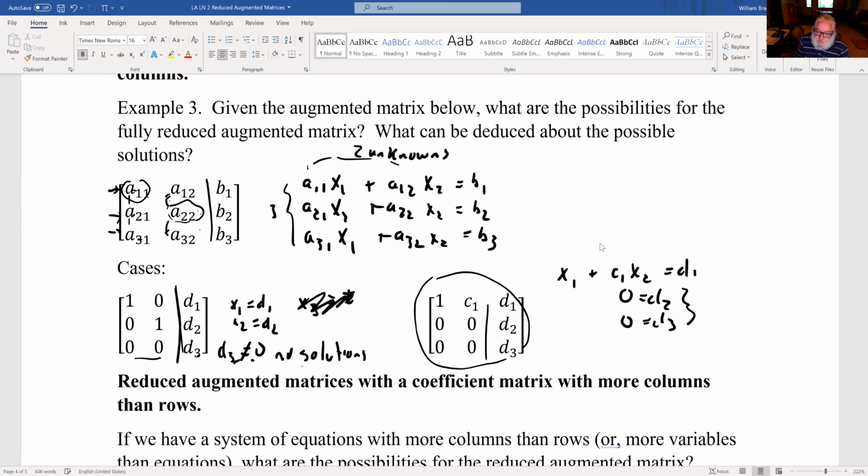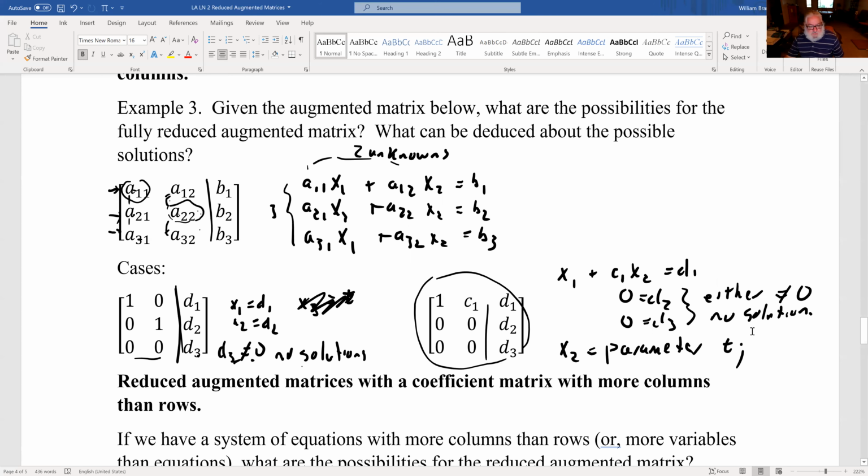So if these are not both 0, that means we have no solution. If they are both 0, then we do have a solution. We set x2 equal to a parameter and rewrite the solution in vector form.